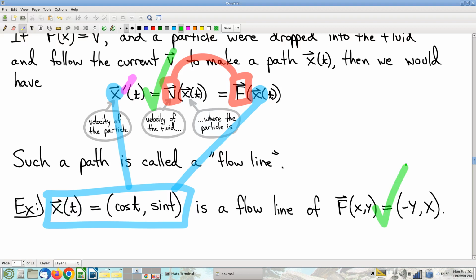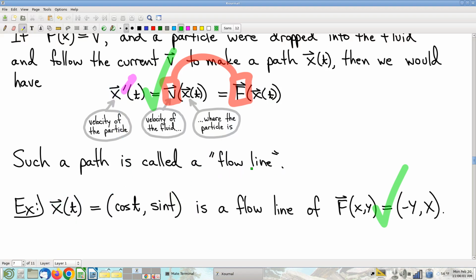So, said differently, you can just directly confirm. It's just algebra. You just plug it right in, and sure enough, it works. And so this is what we call a flow line. This is called a flow line of that vector field.